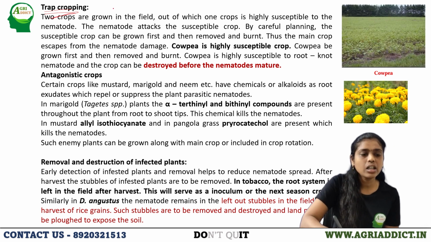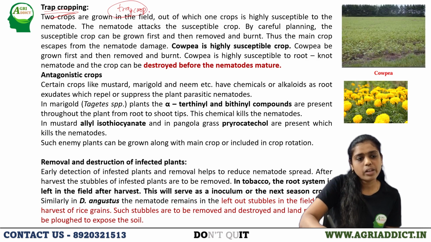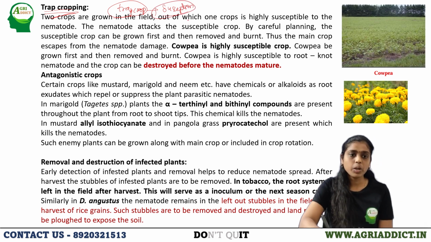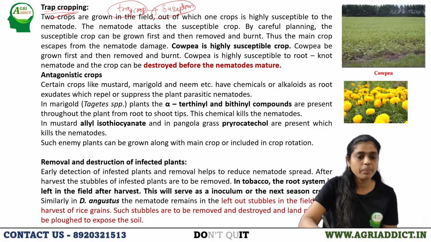Trap cropping: here one will be the main crop, and the other will be used as a trap crop. The trap crop will be very susceptible to the nematode. That means crops very susceptible to the nematode will be grown as trap crops along with the main crop.